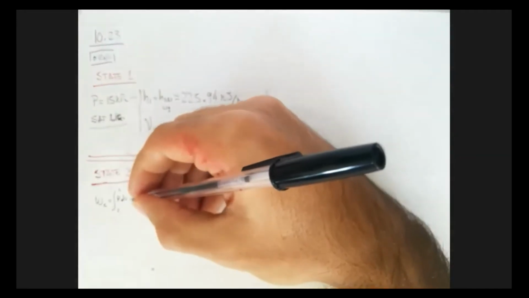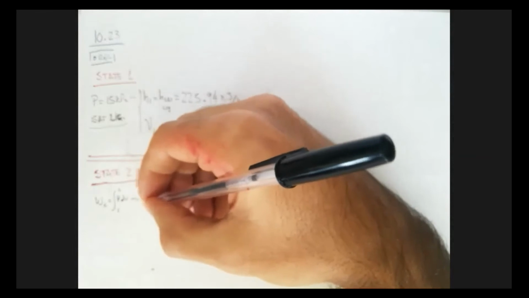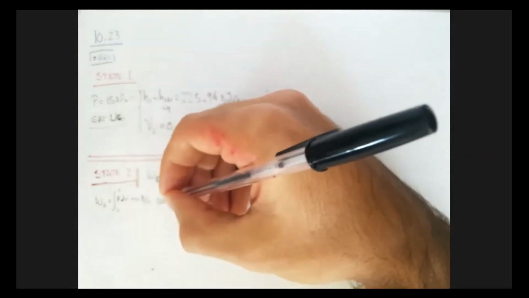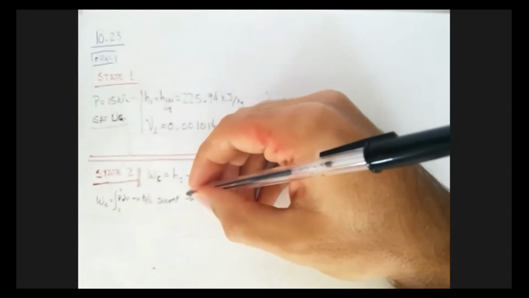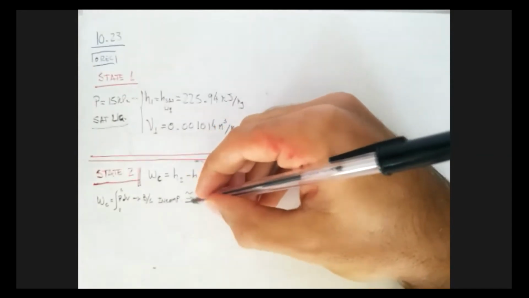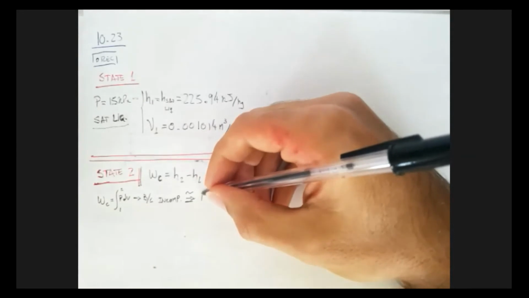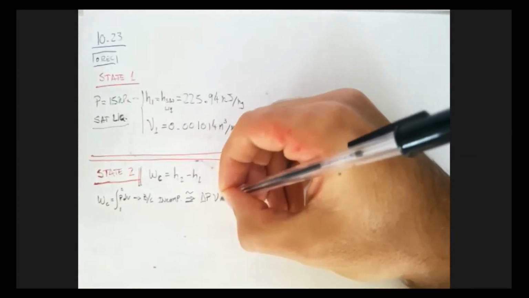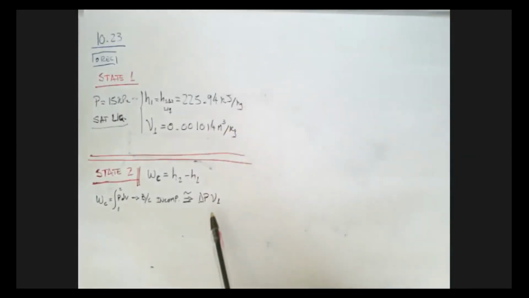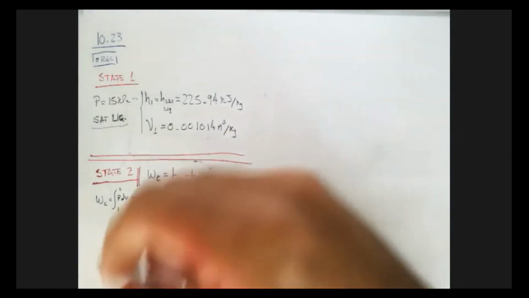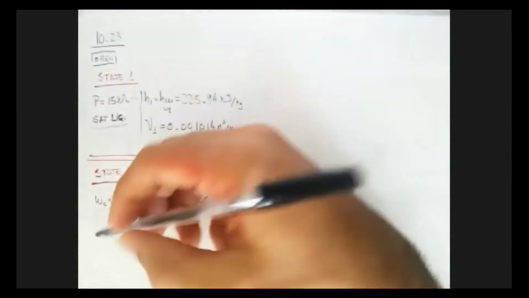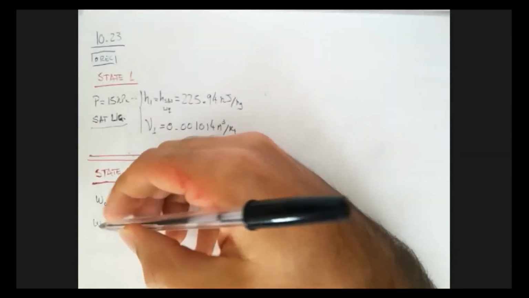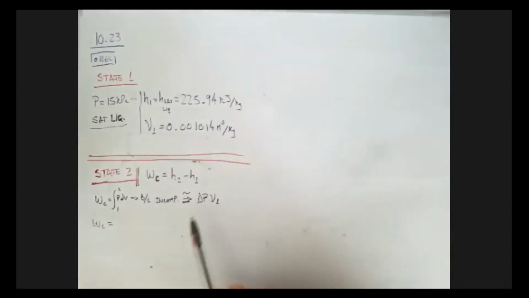Because it's incompressible, this is approximately delta P times V1, because whatever V2 is, V1 minus V2 is not going to be much different than V1, because my change is very little. So the work on my compressor will be the difference in pressure.